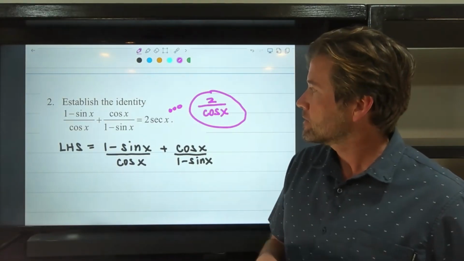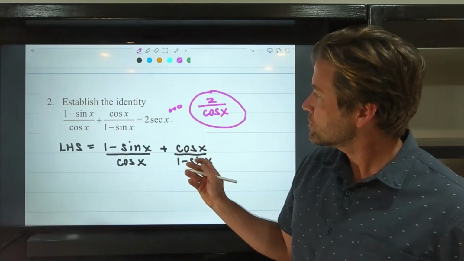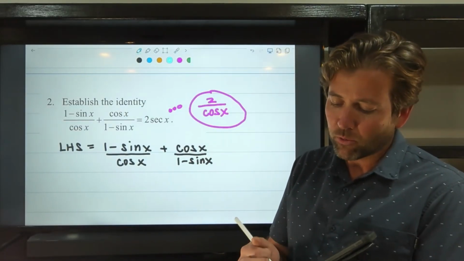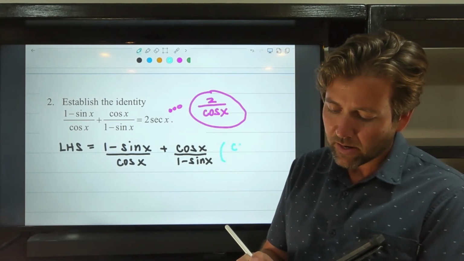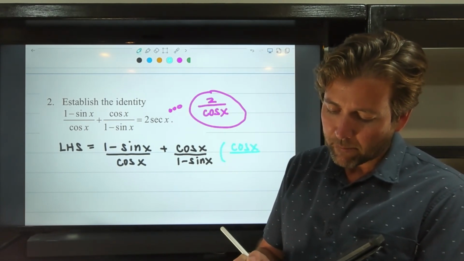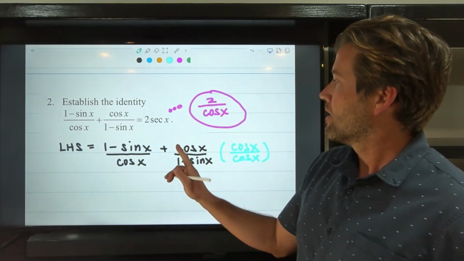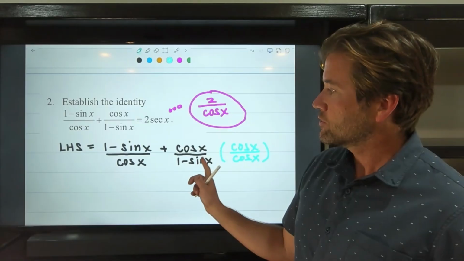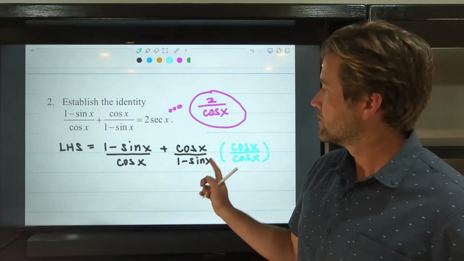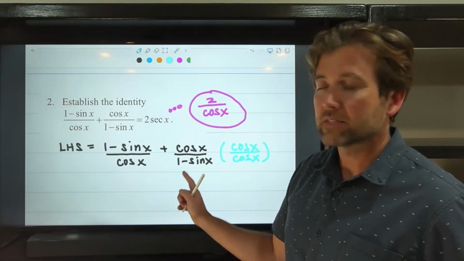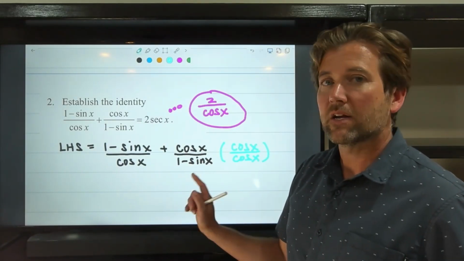My preference is to force this denominator right here to be cosine of x by multiplying the numerator and denominator by cosine of x. I have complete confidence that these 2 denominators should eventually just be cosine of x. So I'm confident that this 1 minus sine of x is going to go away. It's going to cancel. You're going to see that played out in just a moment.